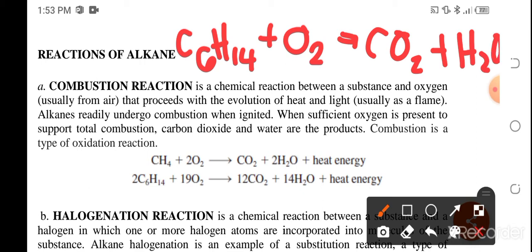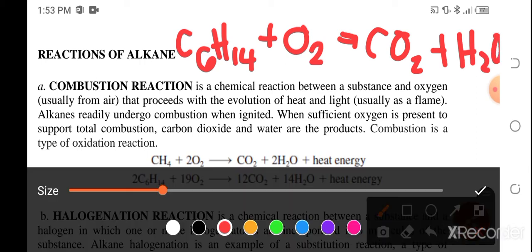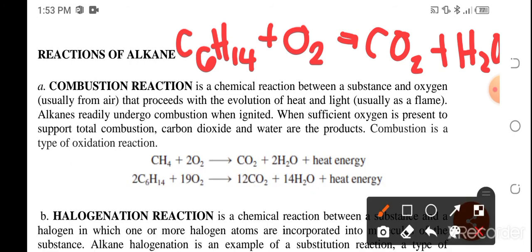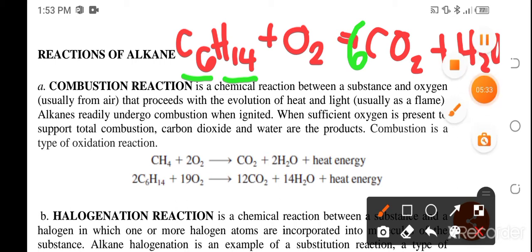Okay? So, paano yung steps na pag-balance? So, with this 6 carbon atoms, so tendency natin maglalagay tayo ng 6 doon. And for the hydrogen, that's 14. So, what should be multiplied to 2? So, that should be 7.